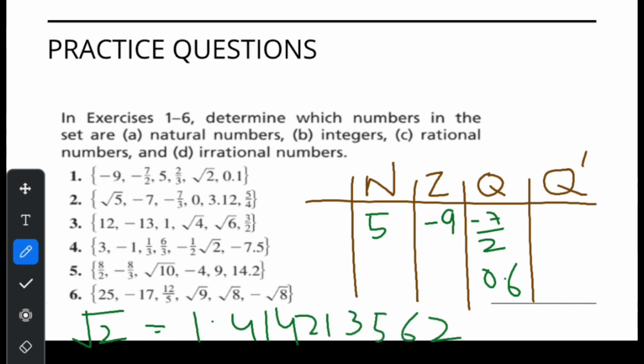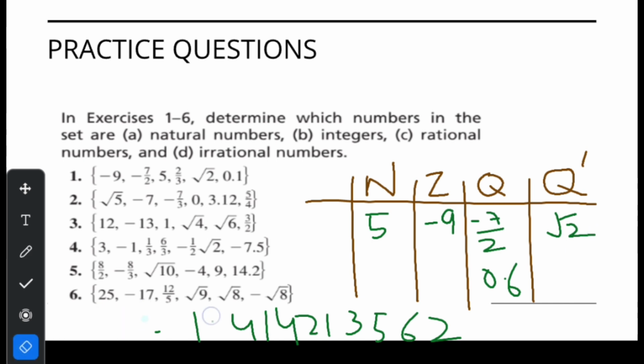There are many more numbers and you can see that they all are unique. The set itself is non-repeating, and there are many numbers after the decimal, and we cannot write all of them back in the form of a fraction. So this is again an irrational number, and I'll simply write root 2 under irrational numbers.